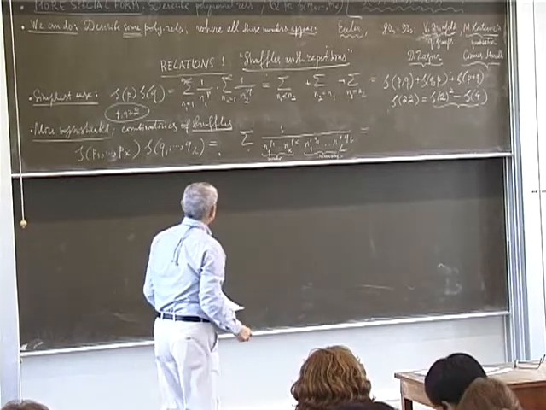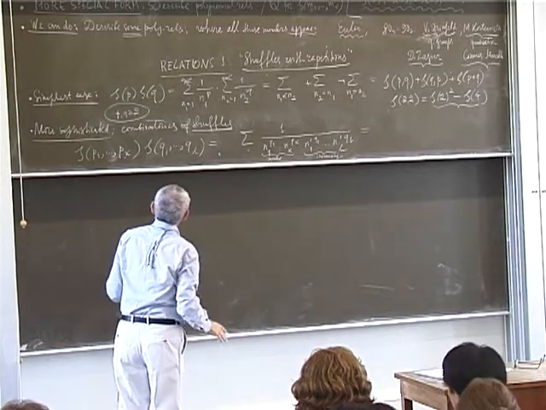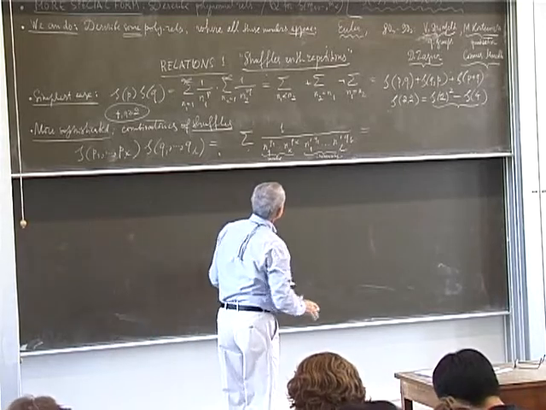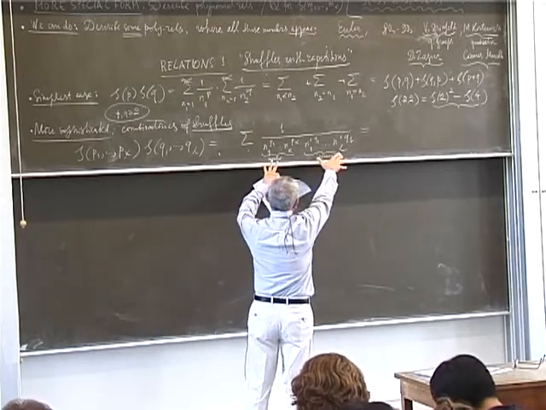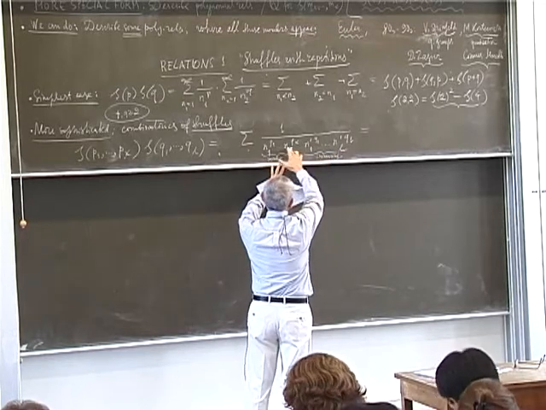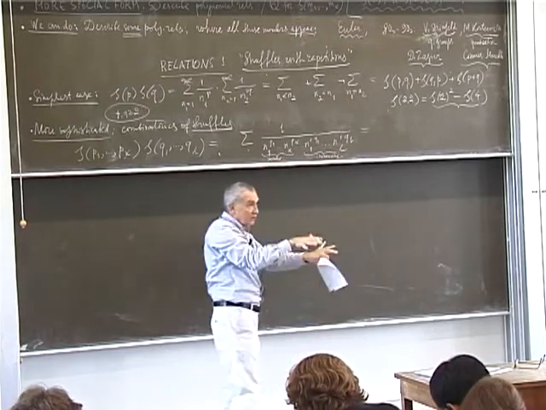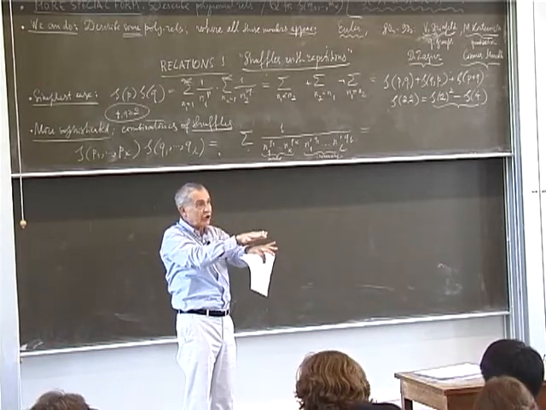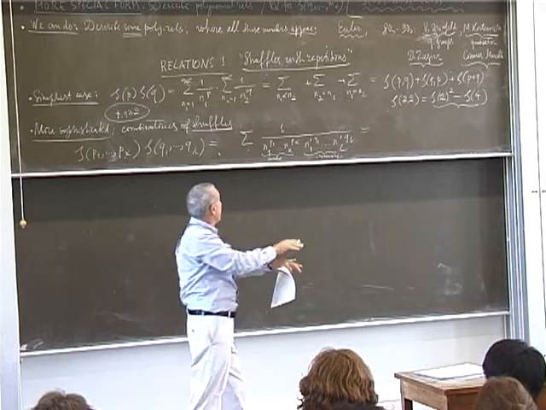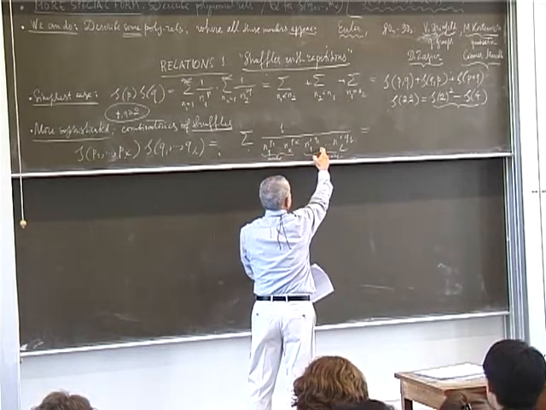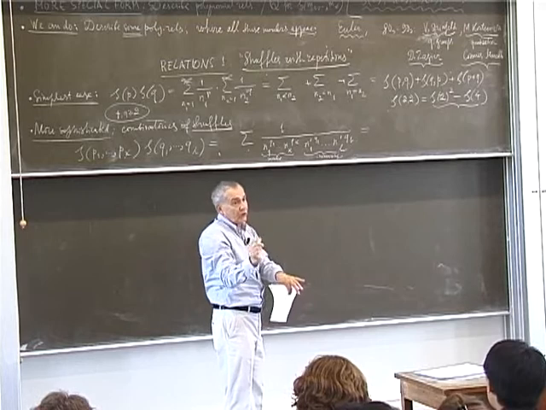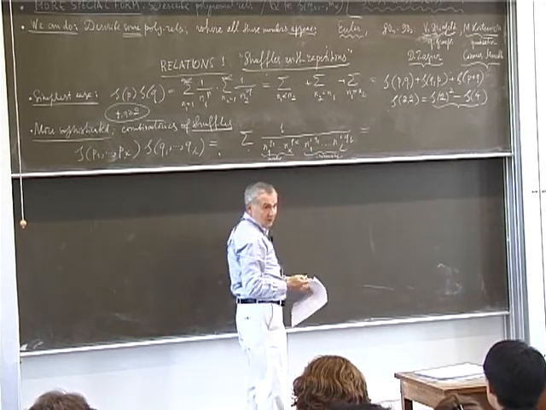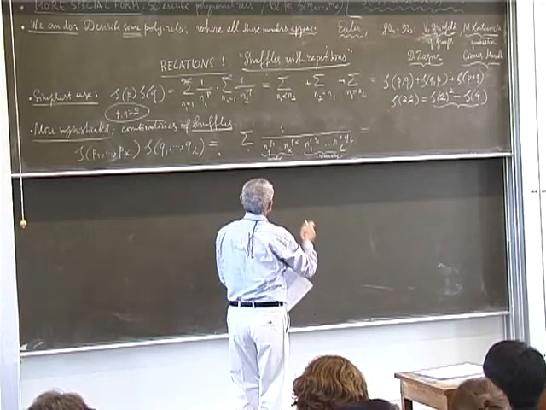In order to get some combination of new multiple zeta values, I have to reshuffle every particular instance of this term in such a way that the n's and n primes are in increasing order. And if some n equals some n prime, I count it once, but then I add the respective p's and q's, right? It should be clear what I do.